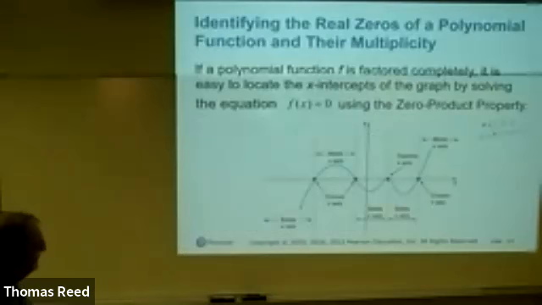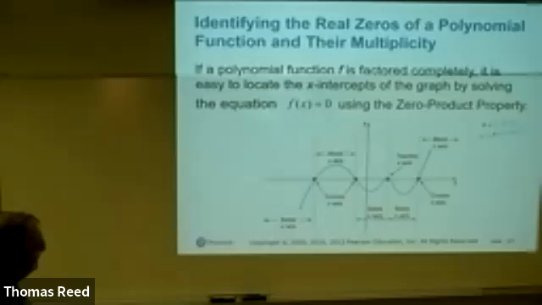So now f is a function and r is a real number for which f of r equals 0. Then r is called a real 0 of f. So for this particular thing, we're talking about r being the 0 of a polynomial function.